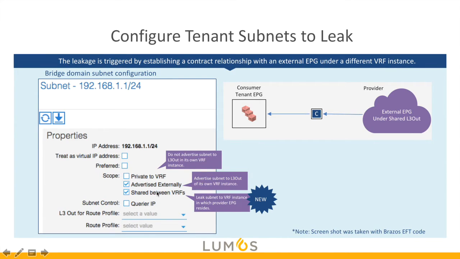Shared between VRFs means we can route leak it between VRFs, whether or not it's inside of the same tenant, because a single tenant can have multiple VRFs, so we can route leak between those, and then between multiple tenants as well. So this just allows route leaking.